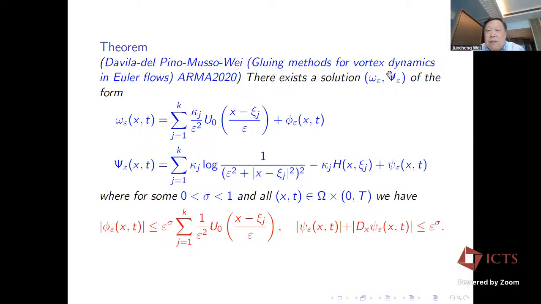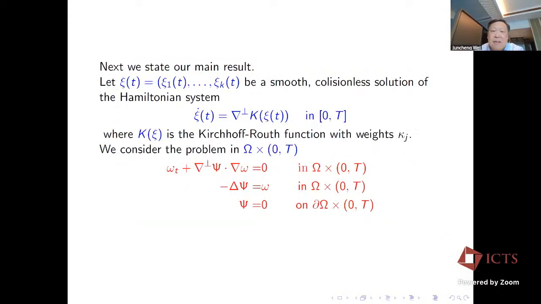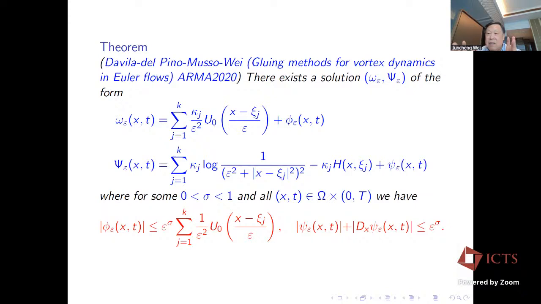We call it the Green method for the vortex dynamics in the Euler flow. Here we give a rigorous construction for this dynamic correspondence. Basically our result says that as long as you have a solution to the Kirchhoff-Routh Hamiltonian system in some finite time, then you have a solution to the Euler equation whose vorticity is like a Dirac, and we can also have precise point-wise estimates on the remaining terms.